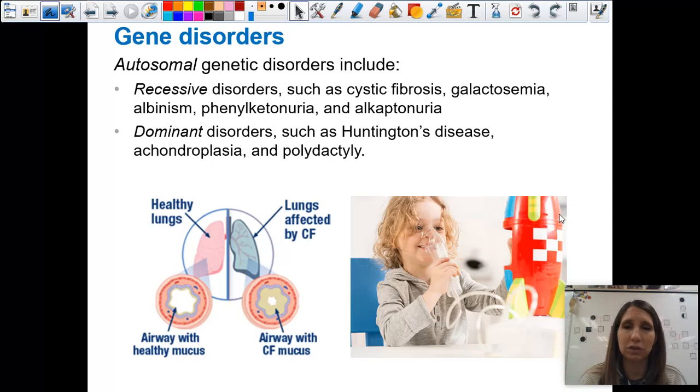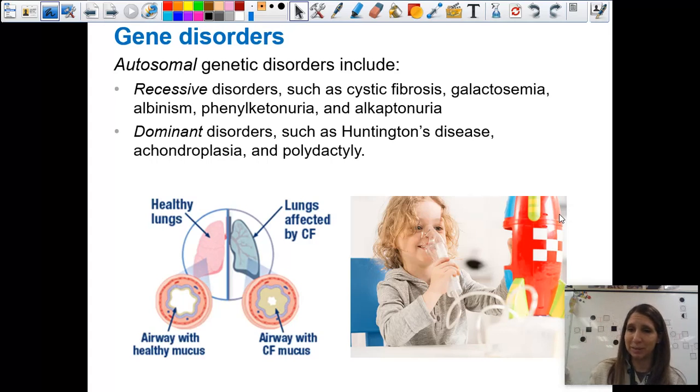Okay, dominant disorders. Huntington's disease is a progressive neurological disorder where brain tissue, nervous system tissue starts to break down and it becomes difficult to maintain normal daily tasks. Achondroplasia is dwarfism.